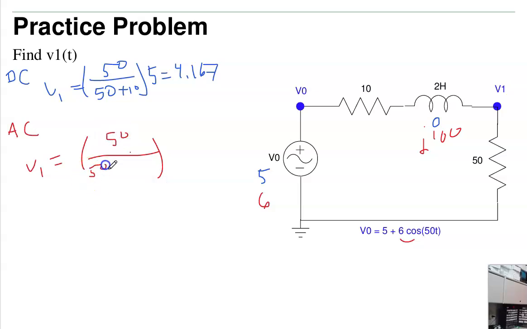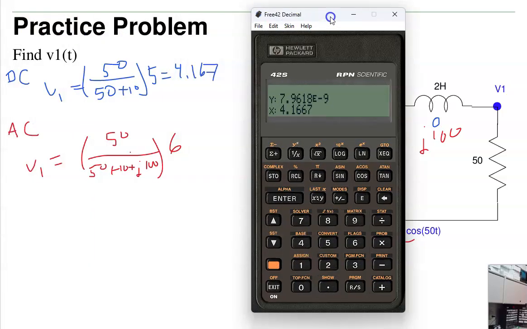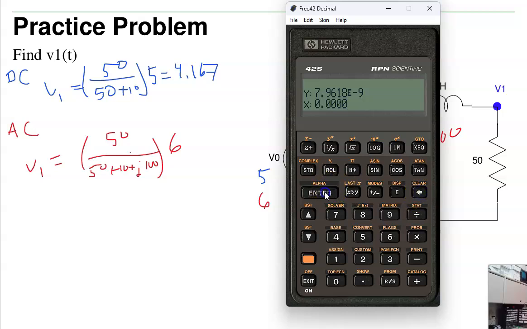R1 plus R2 is 50 plus 10 plus j100, times 6. Now there, I can't do that in my head. I need my calculator. So that becomes 50 over 60 plus j100. Take the ratio times 6 and that gives you 1.32 minus j2.20.